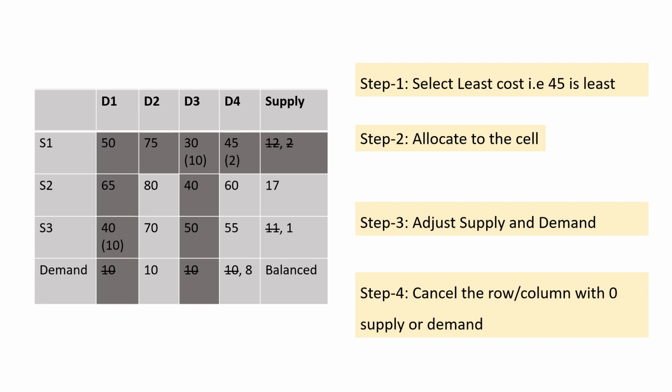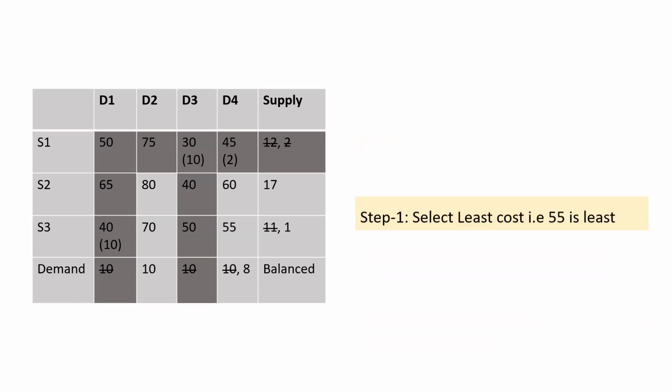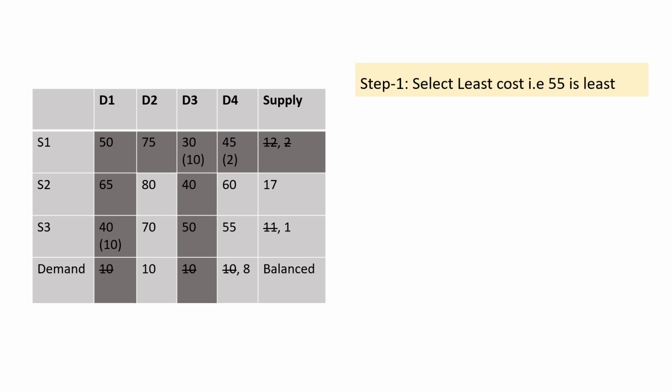The next task is to repeat the steps, and once again we select the least cost cell from these 4 cells: 1, 2, 3, 4. 55 is obviously the least. So we allocate, assign for 55. The corresponding numbers are 8 and 1, so we assign 1.